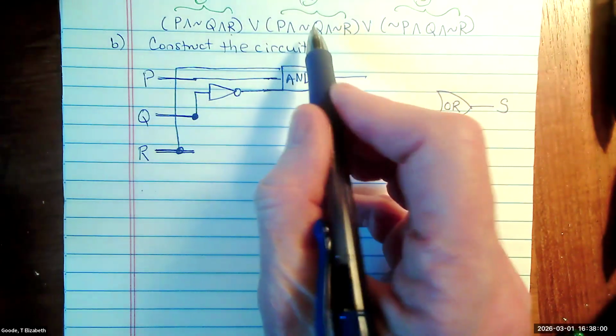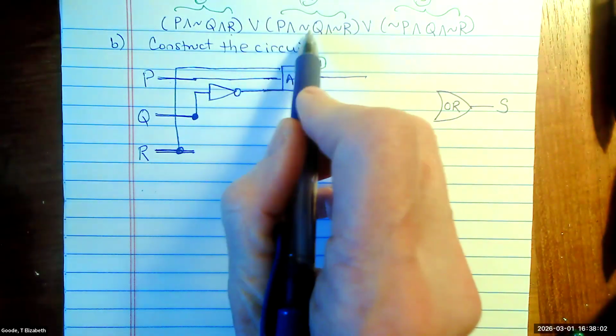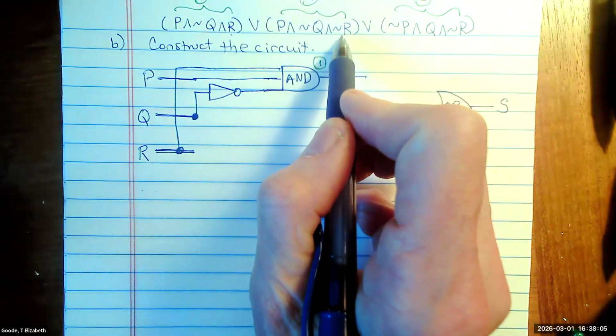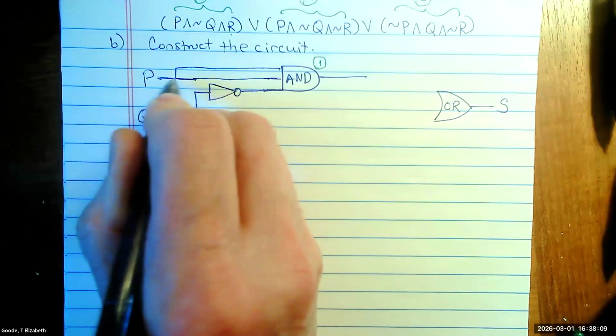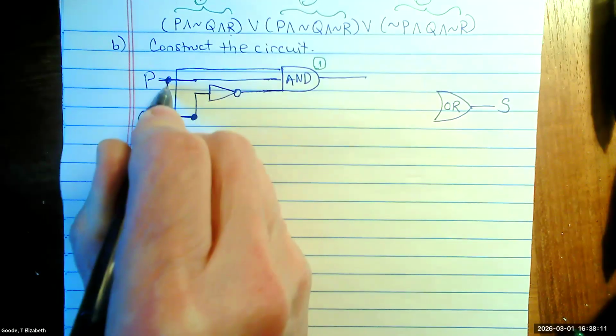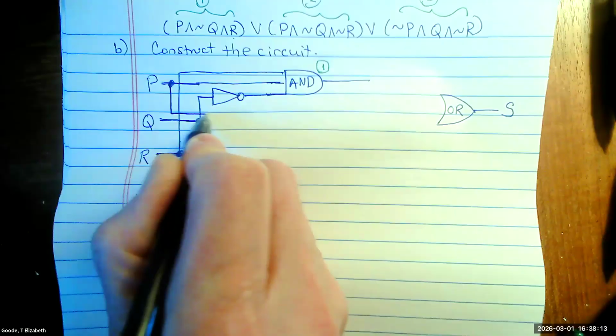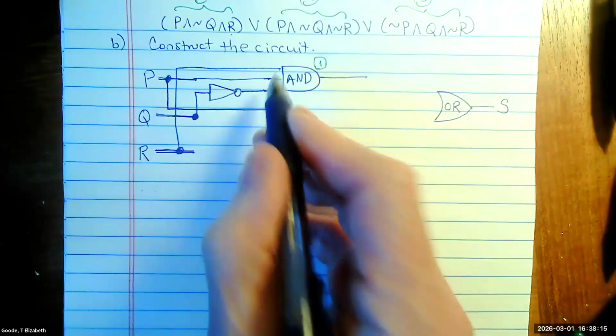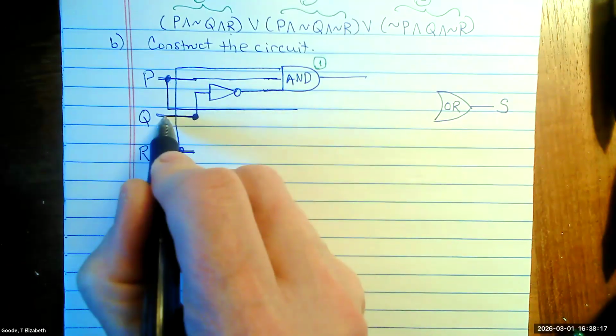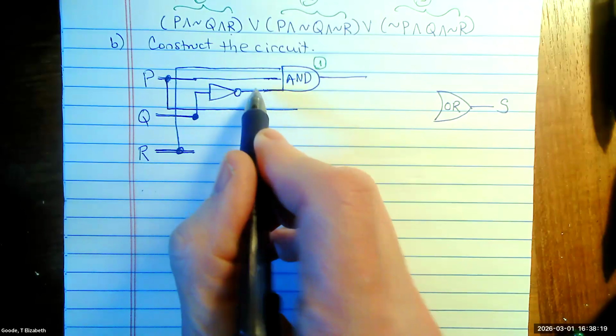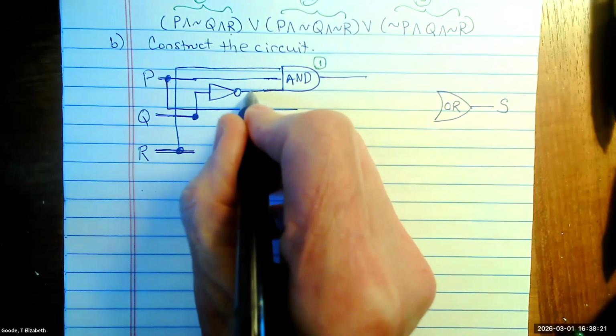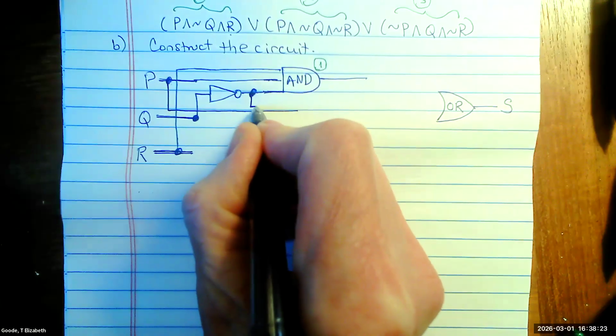Now expression number 2 is P and not Q and not R. Well, we have a P wire here. I'll pull down from the P wire and we'll bend it through here. We've got not Q on this wire because this was Q, right? This is not Q. We can pull from the not Q and bring it down.